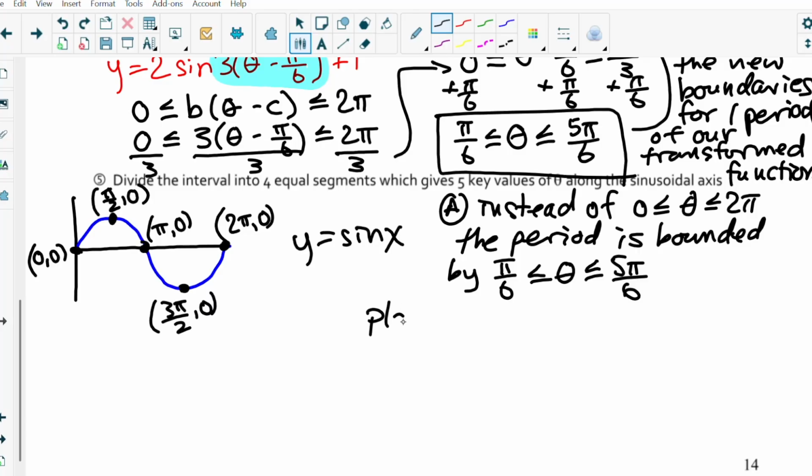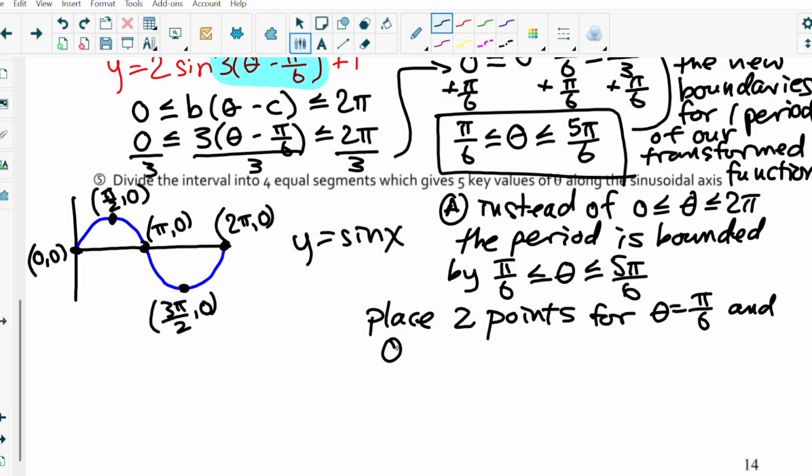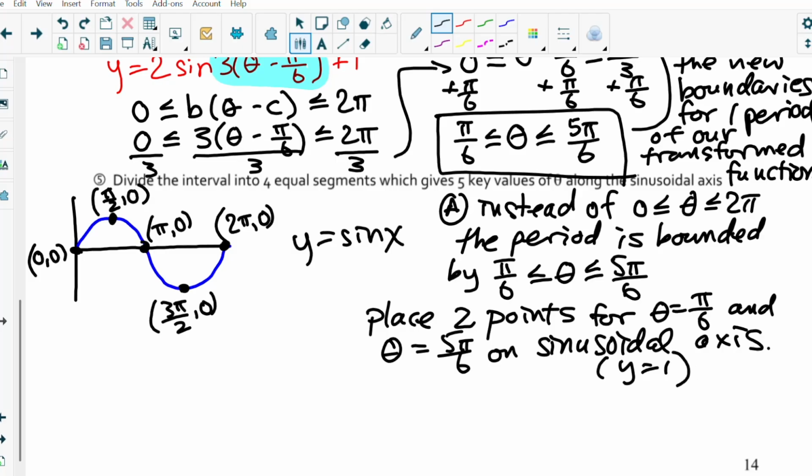So part 1 is place 2 points for theta equals pi over 6 and theta equals 5 pi over 6 on the sinusoidal axis, which is y equals 1.